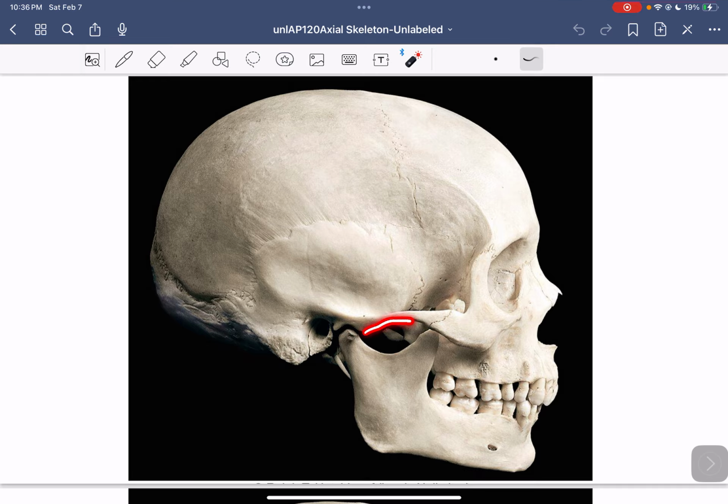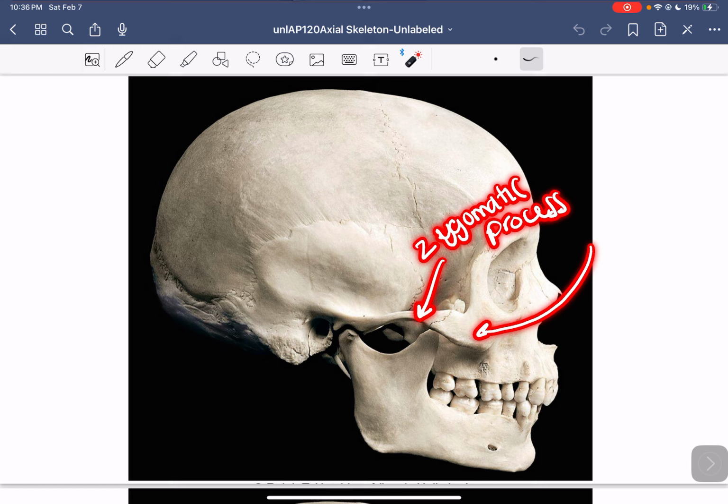Then as we go anteriorly, we can see like right about here, this would be our zygomatic process. Here's our zygomatic process connecting to our zygomatic bone, which again was our cheekbone.